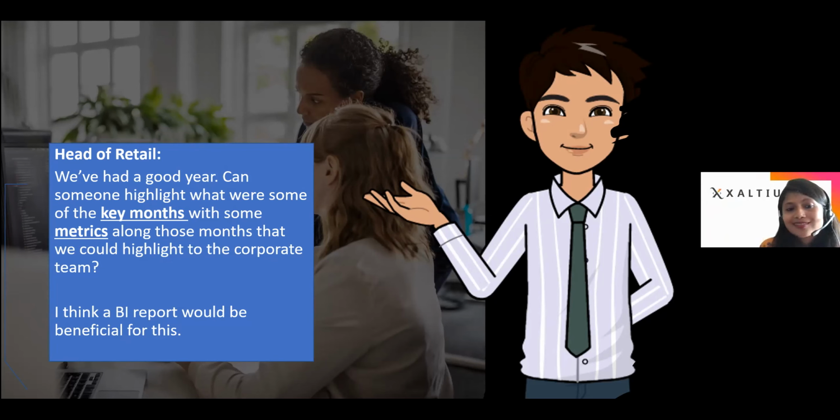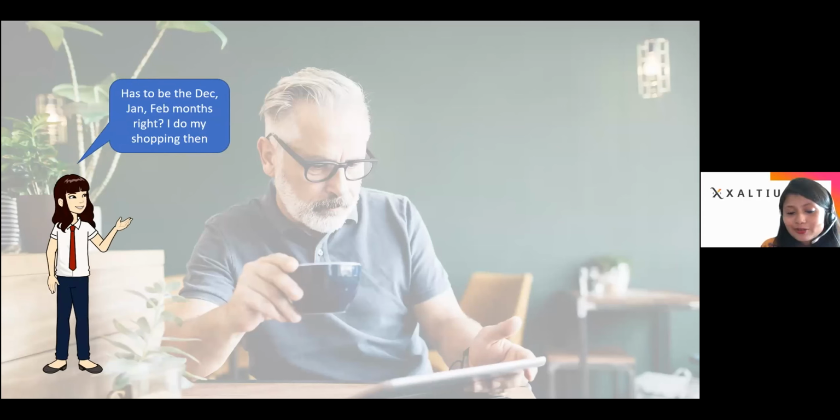Now he approaches his employees, and some employees, based on intuition, say that probably the key months got to be December, January, or February, because I do shopping then. So the conclusion that this employee is drawing is based on her intuition, her usability pattern, or her pattern of buying things.